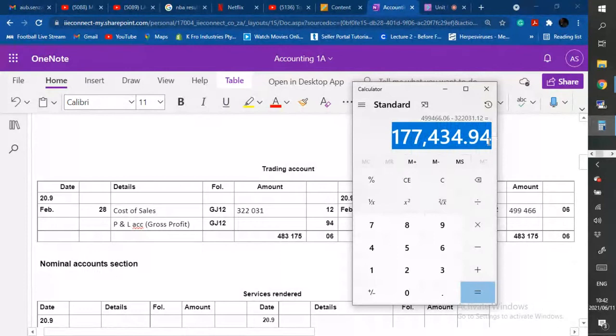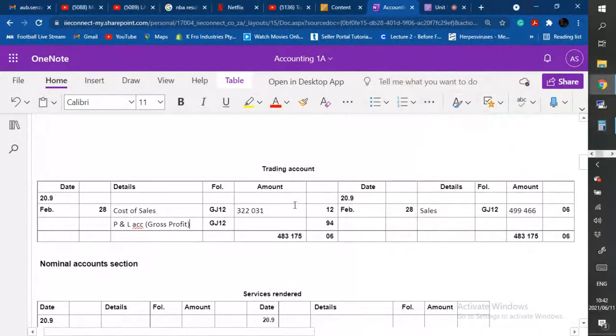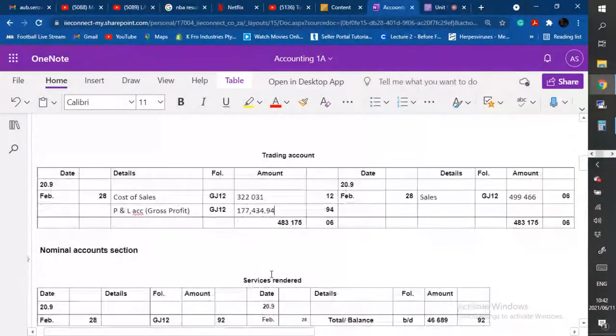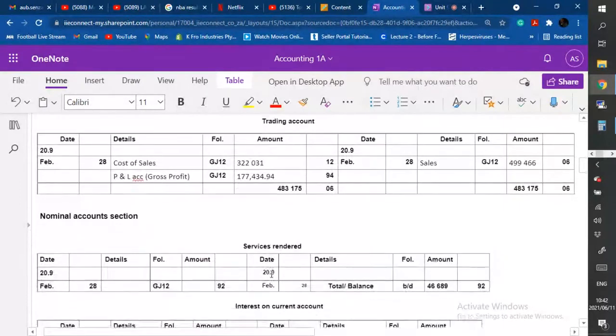This is what we are closing off the account with, and this is going to the profit and loss account. So the trading account has now fallen away, no longer exists.